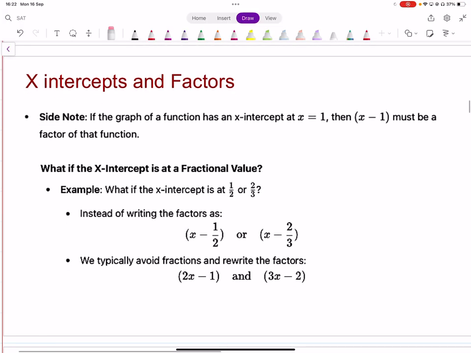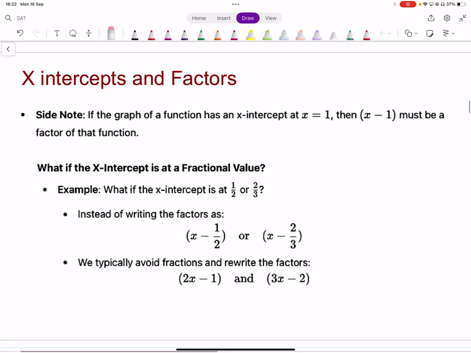Now this is important. This is actually what we used above as well. If you have a quadratic function that has this x-intercept, x equals 1, what does that mean? X minus 1 is a factor of that function, right? What if the x-intercepts that you're getting are these?